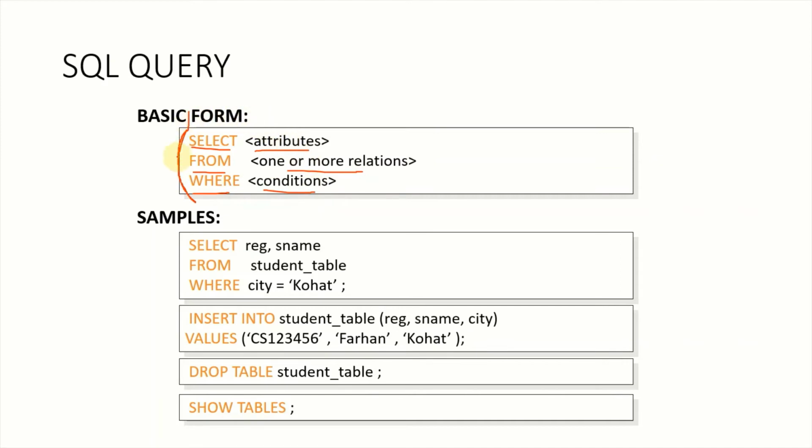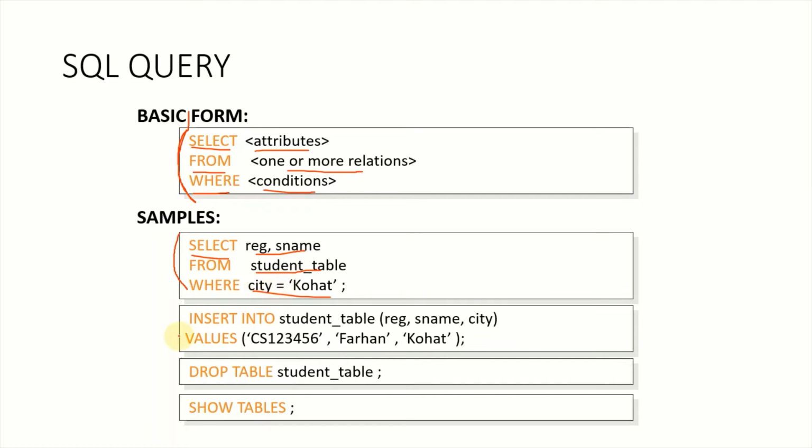So this is a basic form of an SQL query. We have some examples too here. Like here I am typing select. This is a keyword. Then we have two attributes, from, table name, and a condition with where. So with the help of this statement we can select some attributes from a table with a condition.